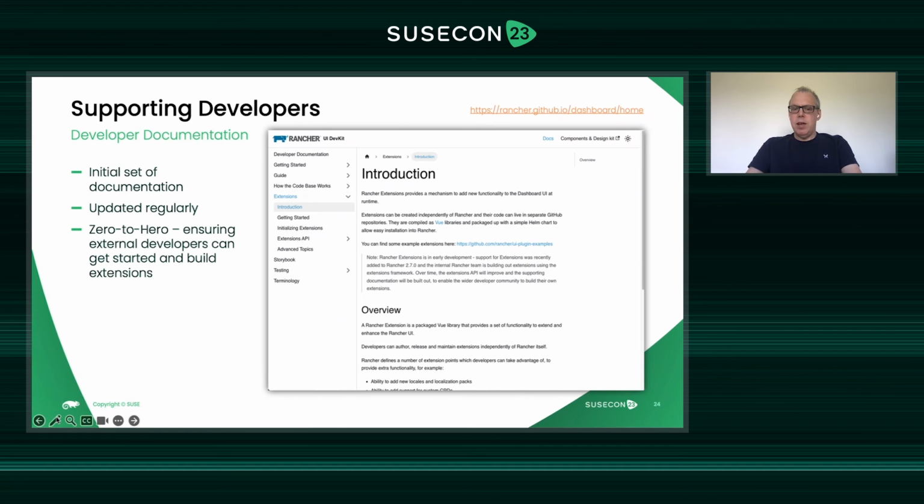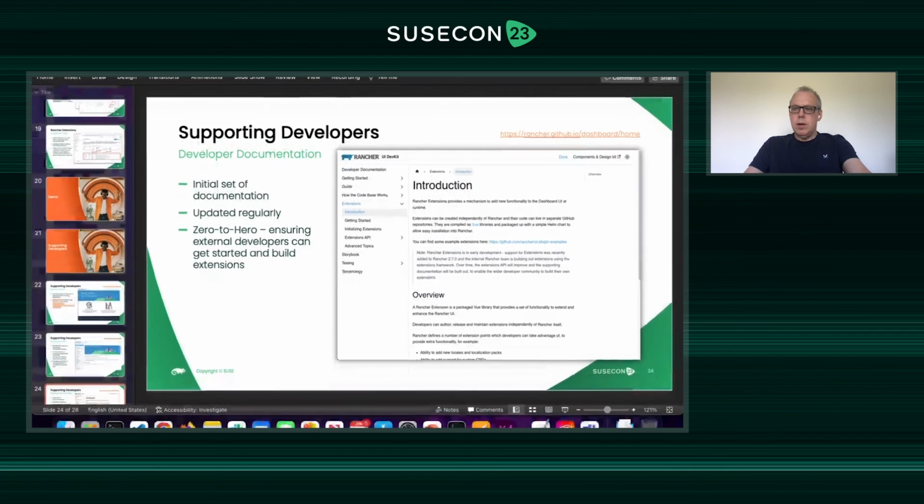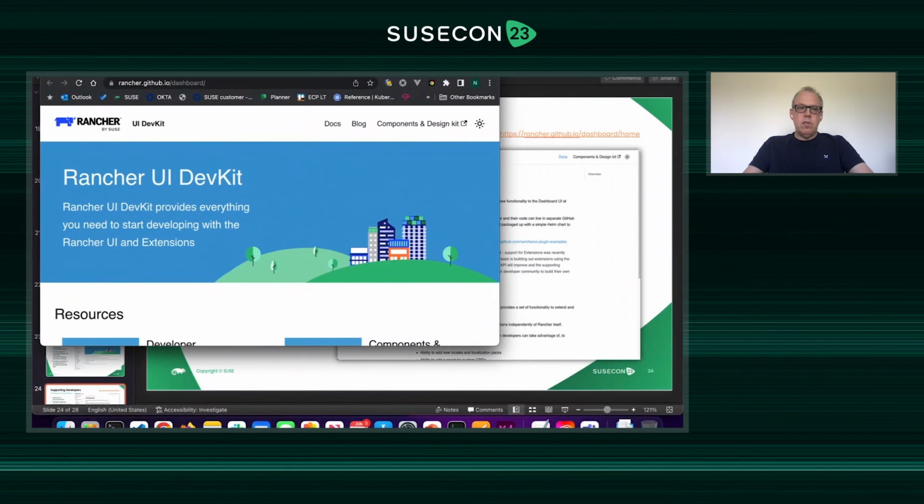That's what we've been trying to do. And let me see if I can show you this in the browser, right? Here we go. You can go and check this out yourself after the talk.